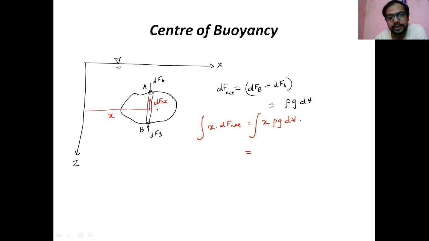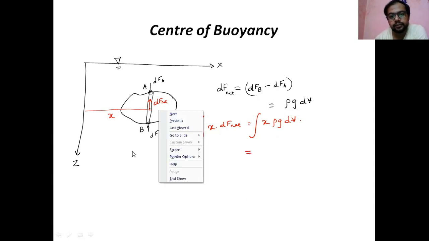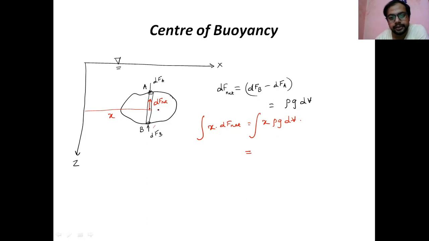The resultant force is acting somewhere at the centroid, somewhere here. Here the net F net is acting.